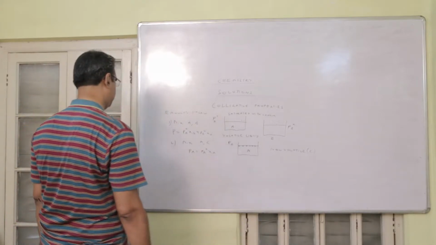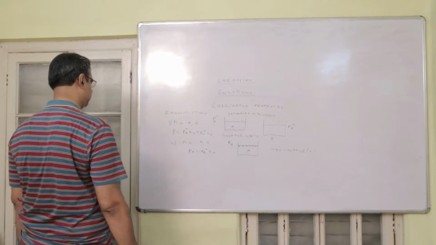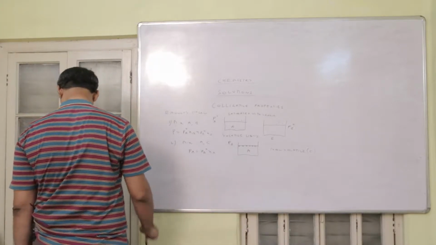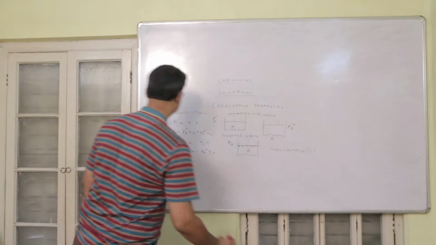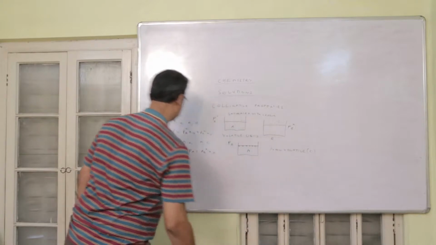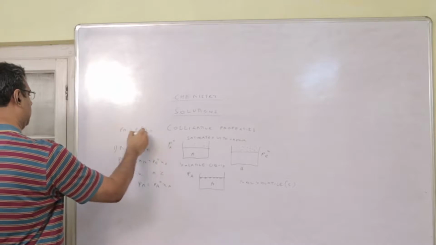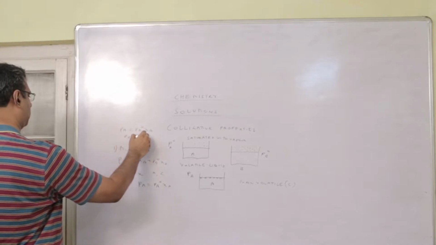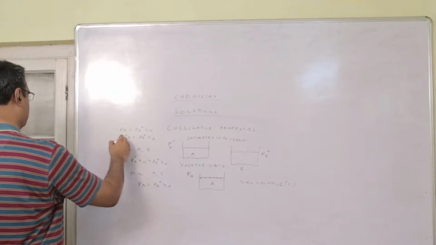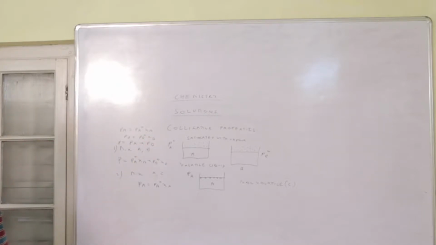When you mix A and B, the vapor pressure will be due to both A as well as B, so we can say that PA is PA naught into XA, PB is PB naught into XB, and the total pressure is PA plus PB.